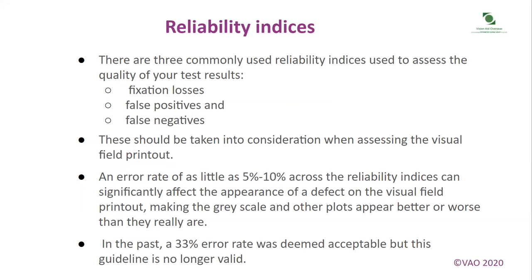An error rate of as little as 5 to 10% across the reliability indices can significantly affect the appearance of a defect on the visual field printout, making the grayscale and other plots appear better or worse than they really are. In the past, a 33% error rate was deemed acceptable, but this guideline is no longer valid.